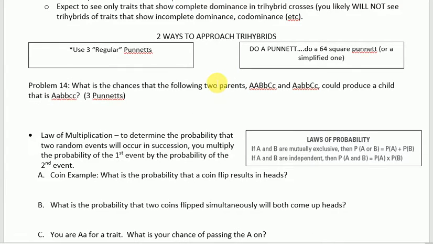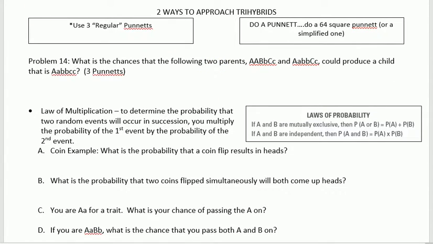So let's look at problem 14 here. What is the chance that the following 2 parents could produce a child that is big A, little b, little b, little c, little c? What we're going to do is use the 3 Punnett squares and compare the different traits of each one.